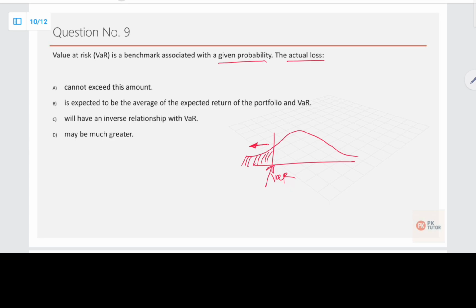Cannot exceed this amount? No, it can exceed. Is expected to be the average expected return of the portfolio? It is not the average. Will have an inverse relationship with VaR? There is no such relationship. Must be greater. So D is the answer.